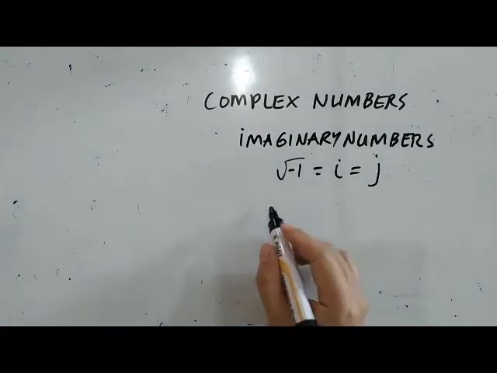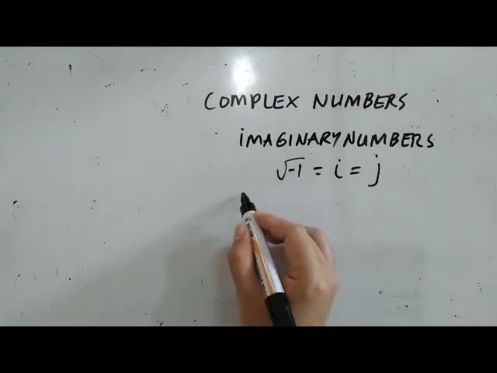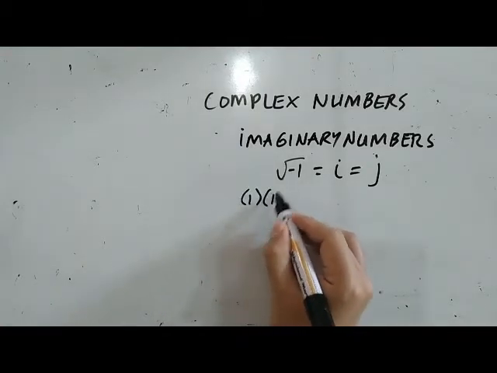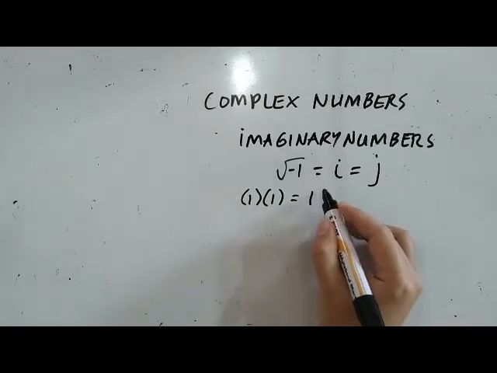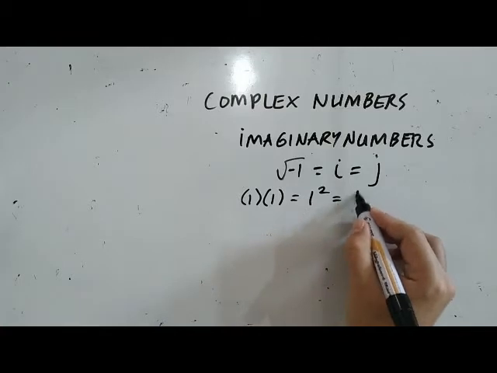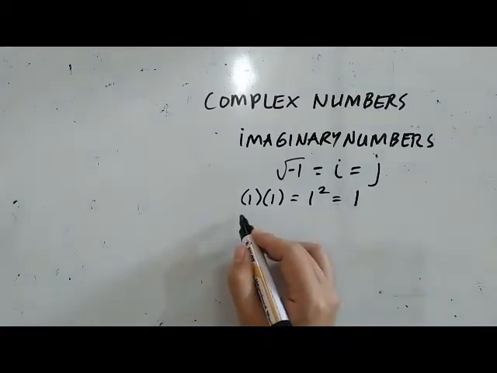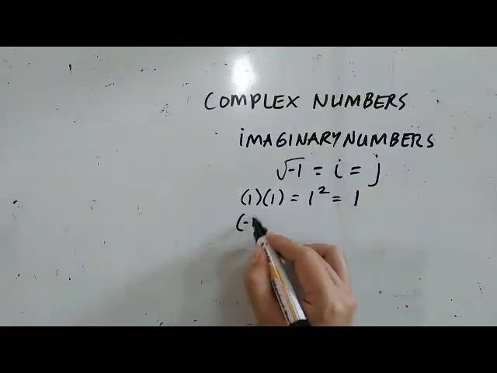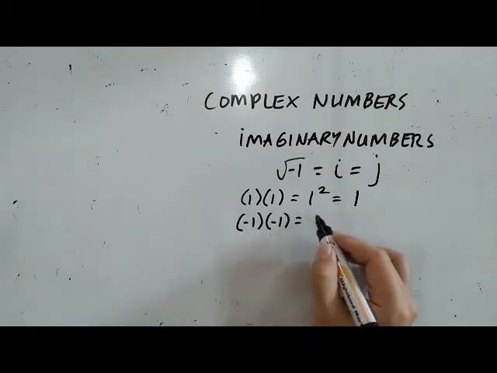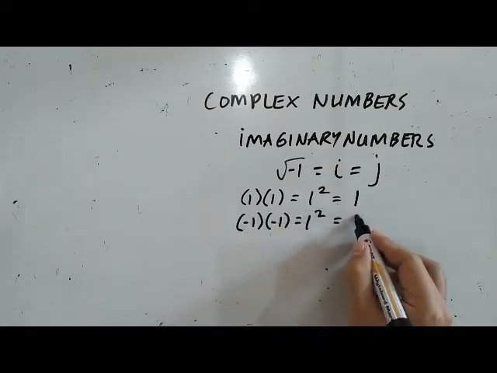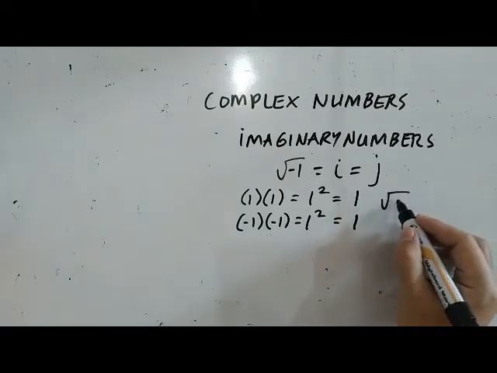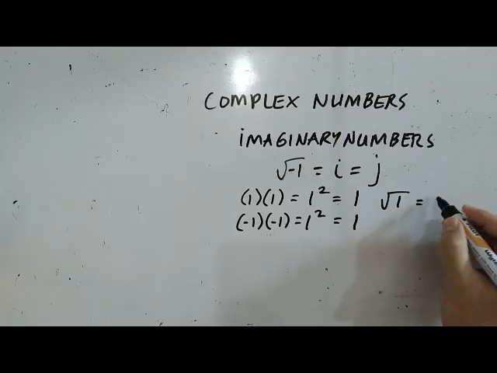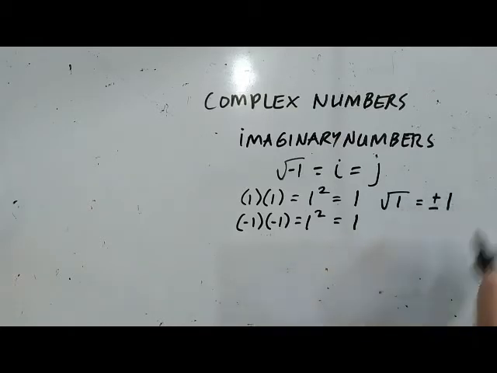Because, as we know, positive 1 times positive 1 is equal to positive 1 squared, or 1. On the other hand, negative 1 times negative 1 is also equal to 1. So if we take the square root of 1, it means it can be either positive or negative 1.